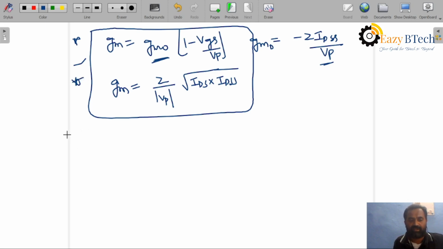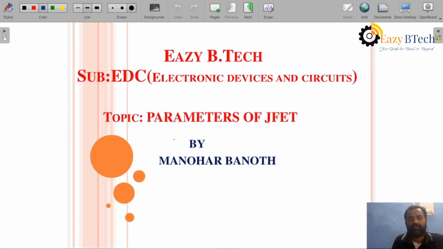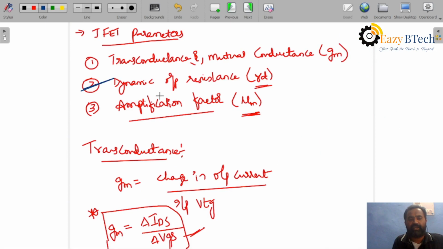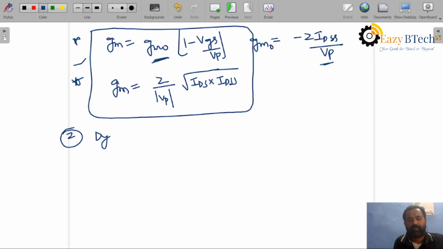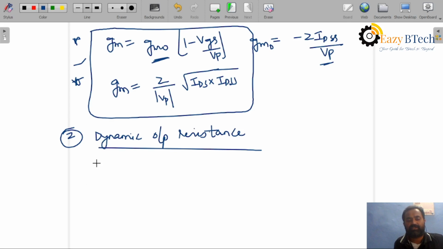Okay, students, the second topic is the dynamic output resistance. Dynamic resistance RD is equal to change in VDS by change in IDS.